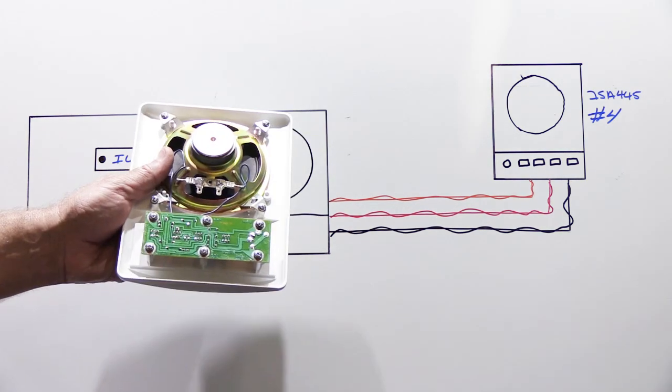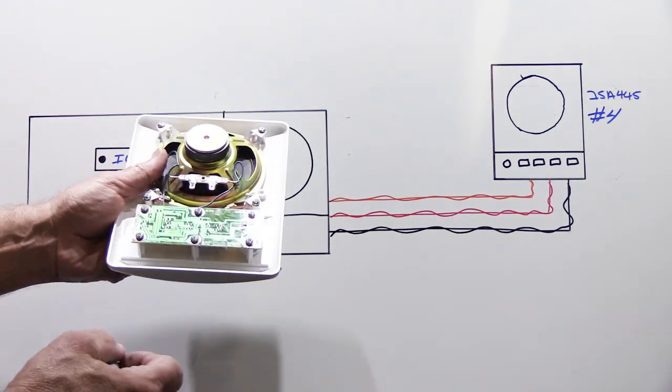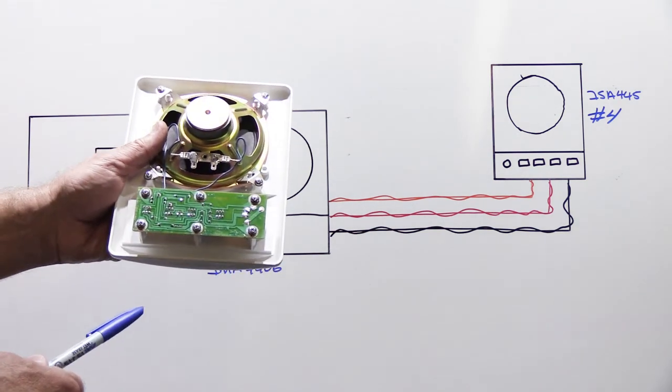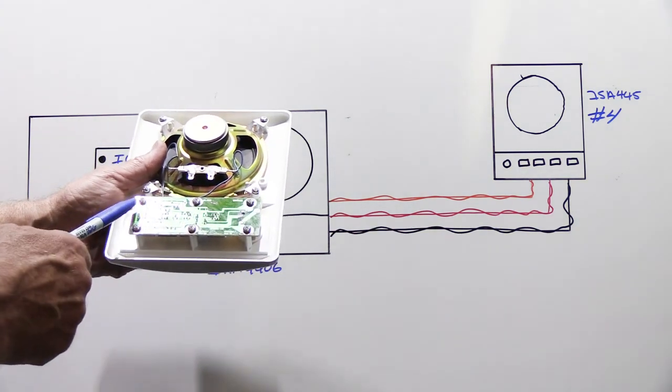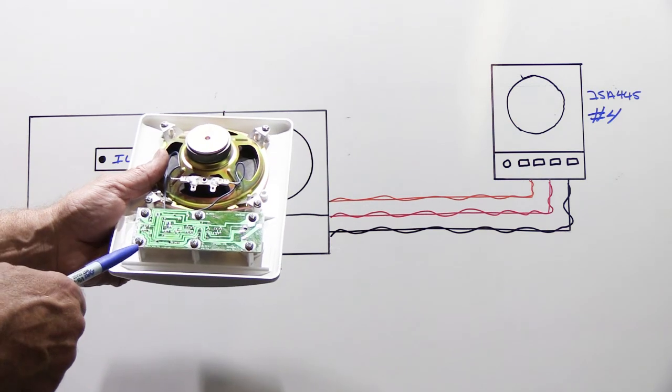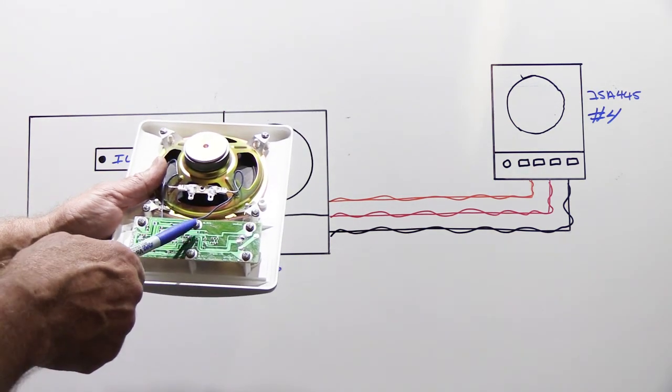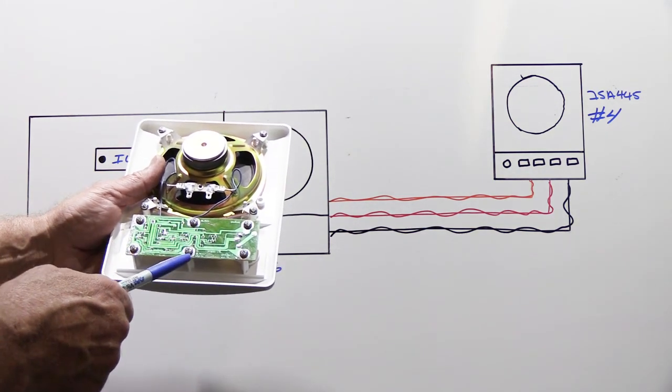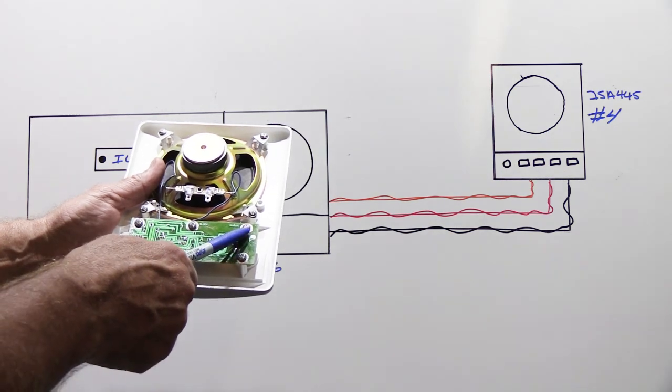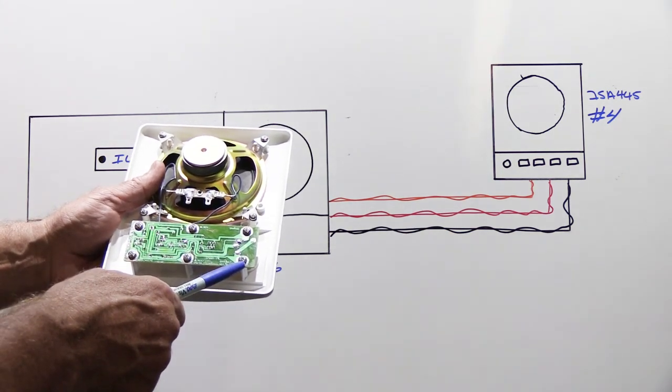And if you look next to each screw, it's labeled as to what color wires go where. So under this screw it says red, and this one is red-white, and the center one is black, and this one is black-white, and this one is orange, and this one's orange-white.